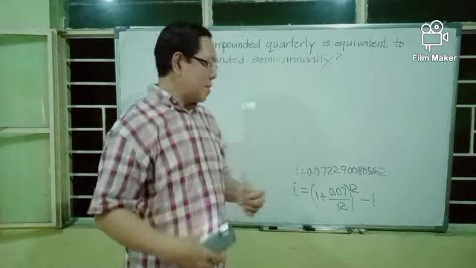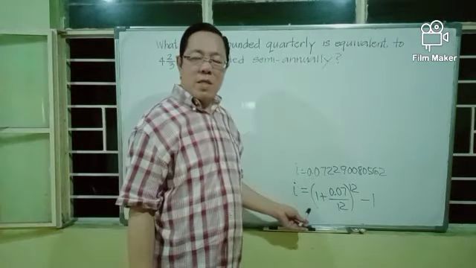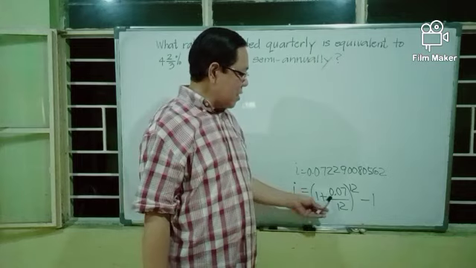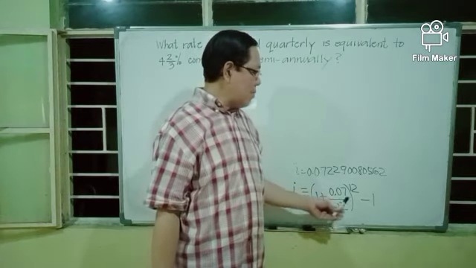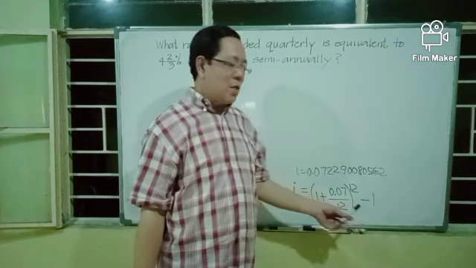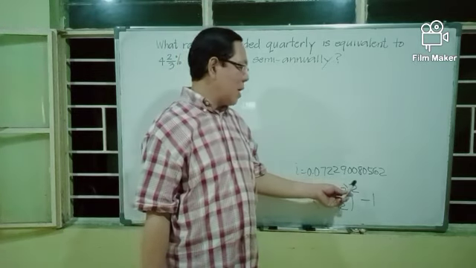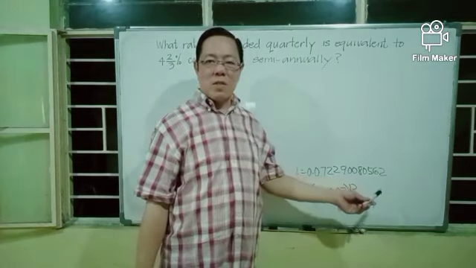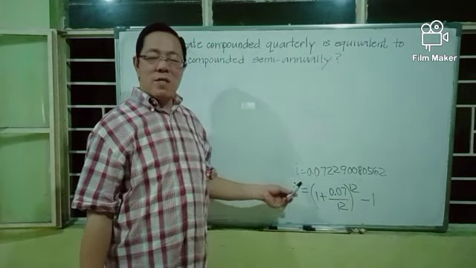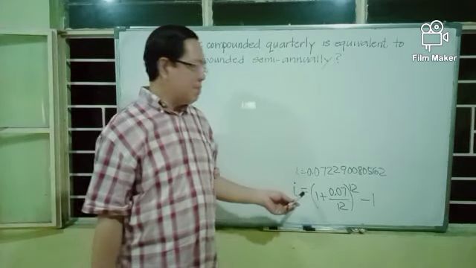If you compute this directly in your calculator, quantity 1 plus 0.07 divided by 12 to the power 12 minus 1, you should get 0.0722900800562. And you can see that the answer is a decimal number.